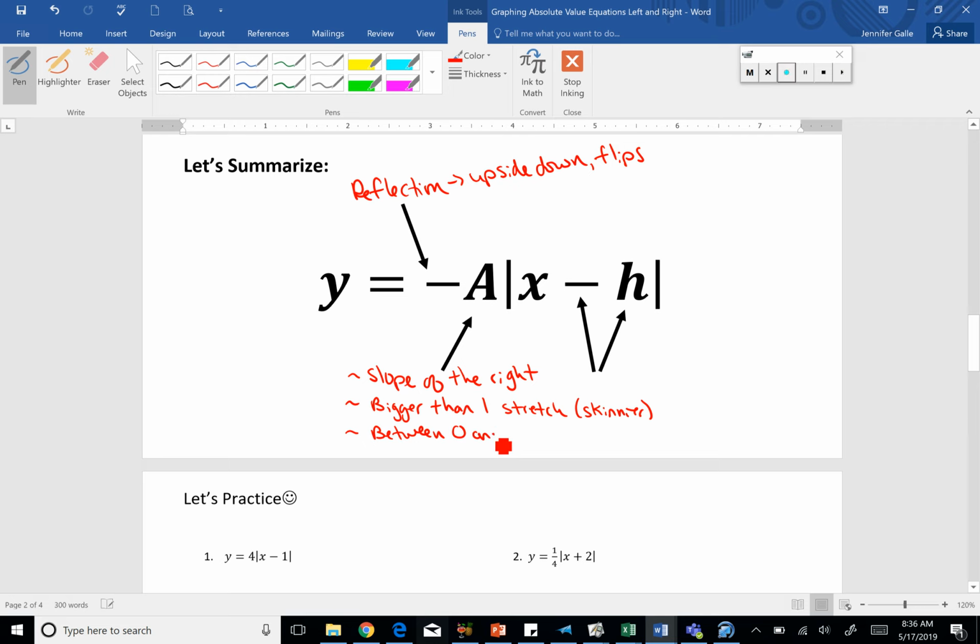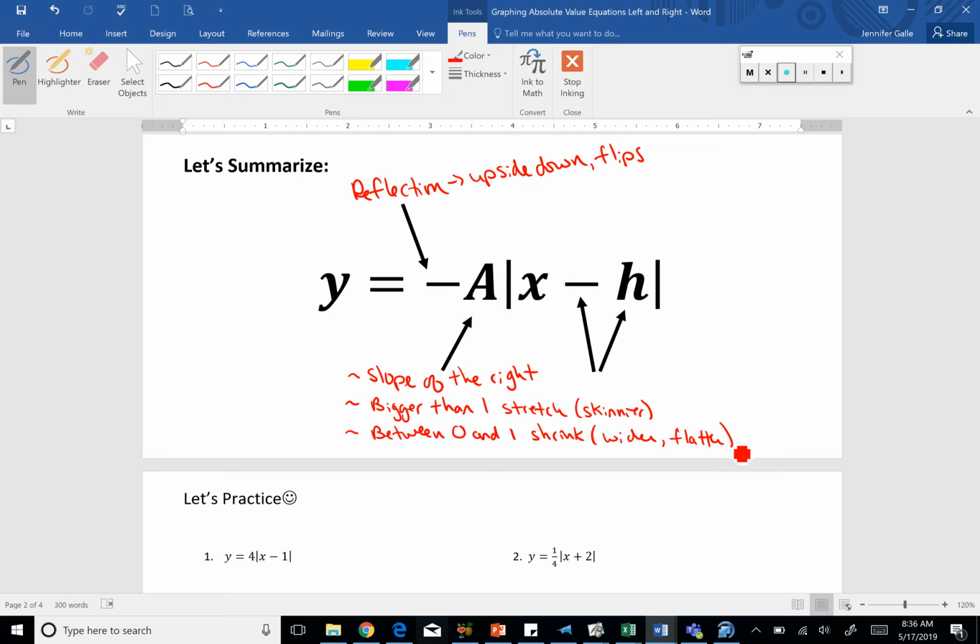Between 0 and 1, that's when we shrink and we get wider, or a lot of my groups are also saying it gets flatter. So that A value is a really important thing. It tells us a lot about our graph. It gives us our slope, tells us if our graph should be skinnier or wider, or flatter, however you like to describe that. So that A value does a lot for us.